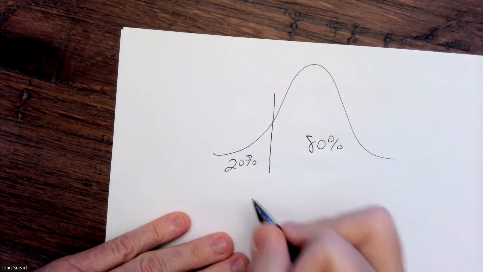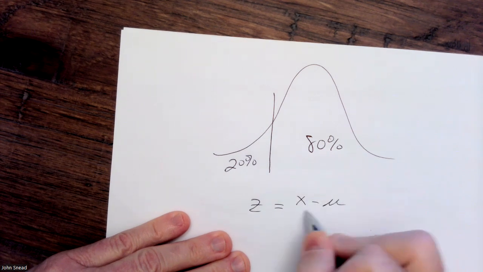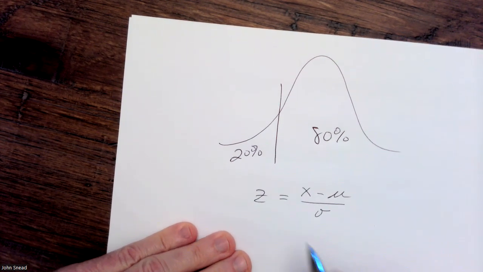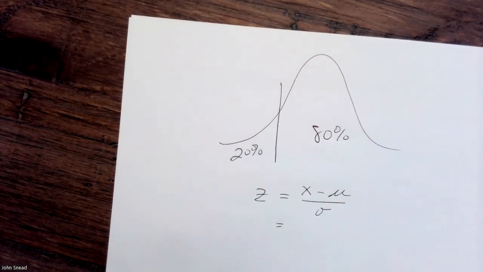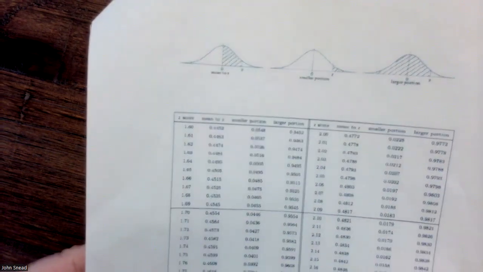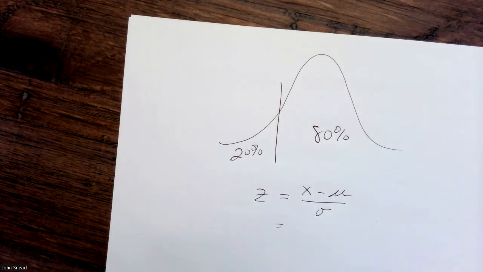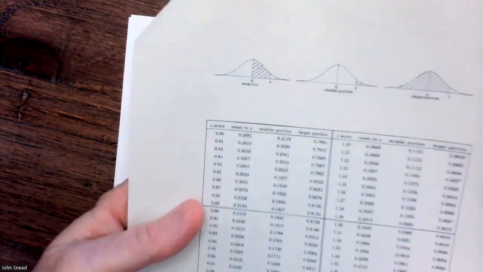We're going to use the same equation. We want to find a z-value that gives us an 80-20 split. So when we look at our z-values, we want to find that 80-20 split. If it's not in the middle, you can find the one that's closest.